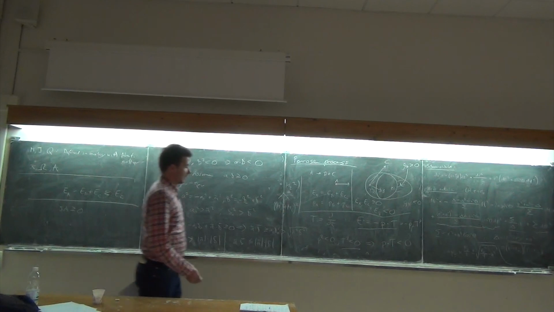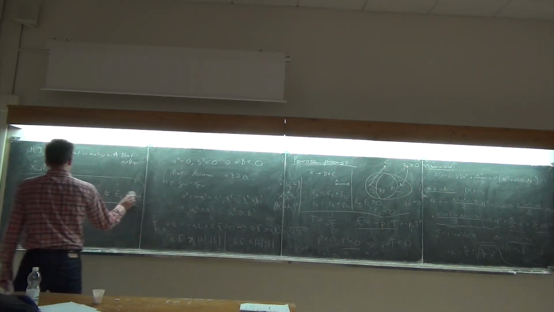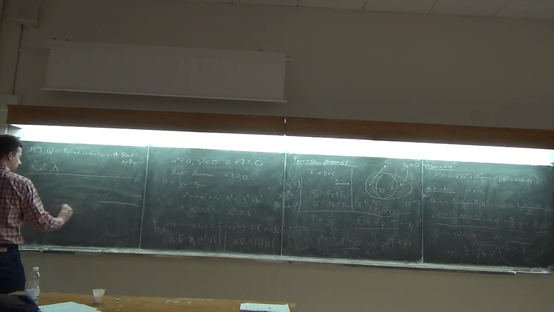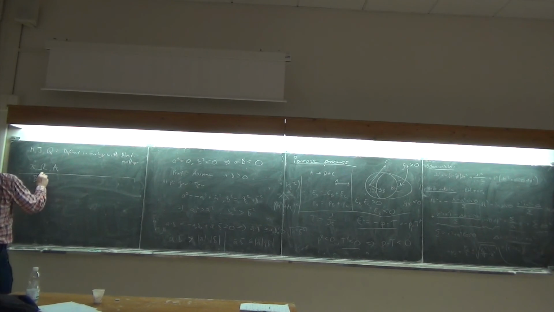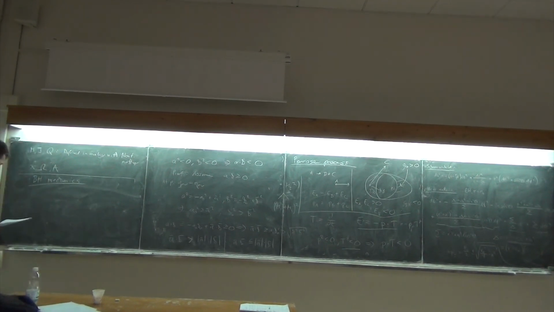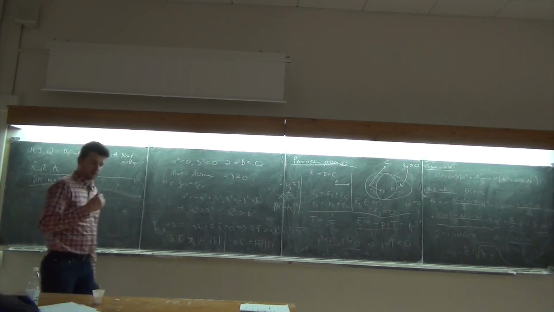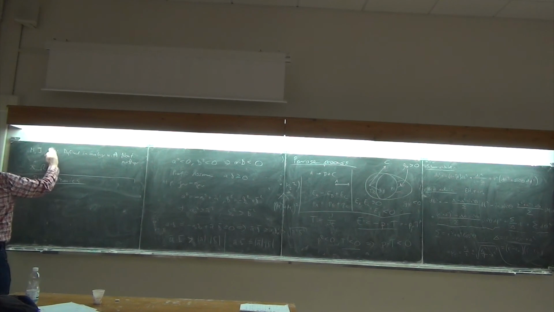So then we are ready to formulate what black hole mechanics is. So what is black hole mechanics? Well, it's just some laws for black holes, and for now we stick to neutral black holes, so no charge.